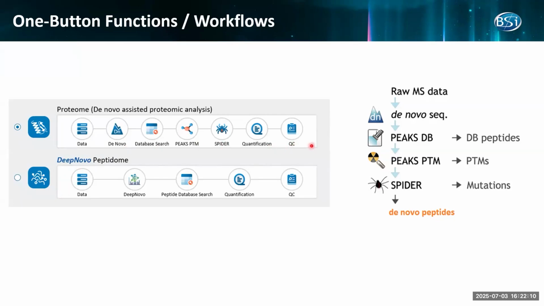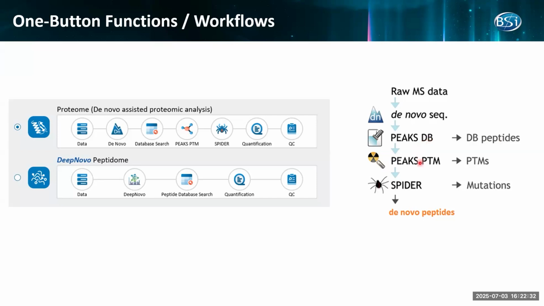Inside each workflow, we use the algorithm based on the application. For each precursor, we first do de novo and a database search. If the database has a good match, we give preference to the database peptide.